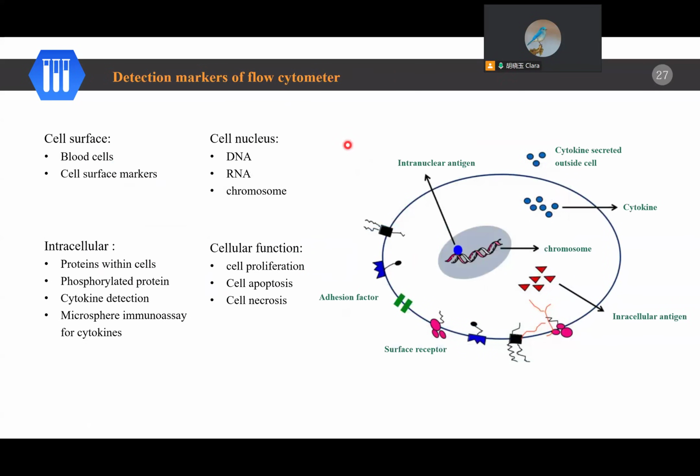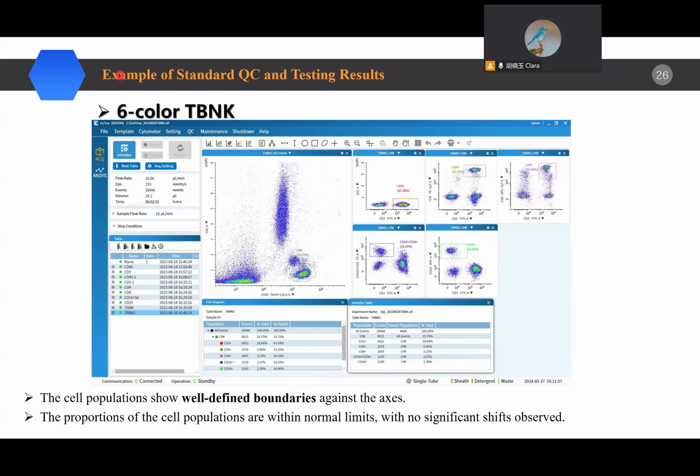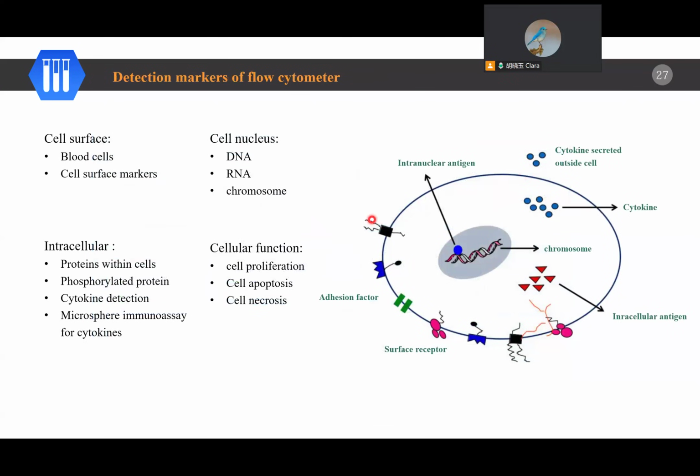So we now learn these test items. So how many test items can be detected by the flow cytometer?